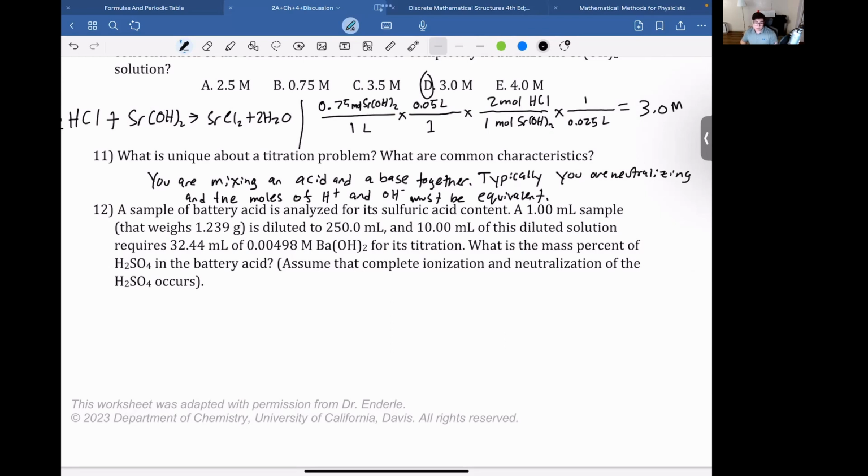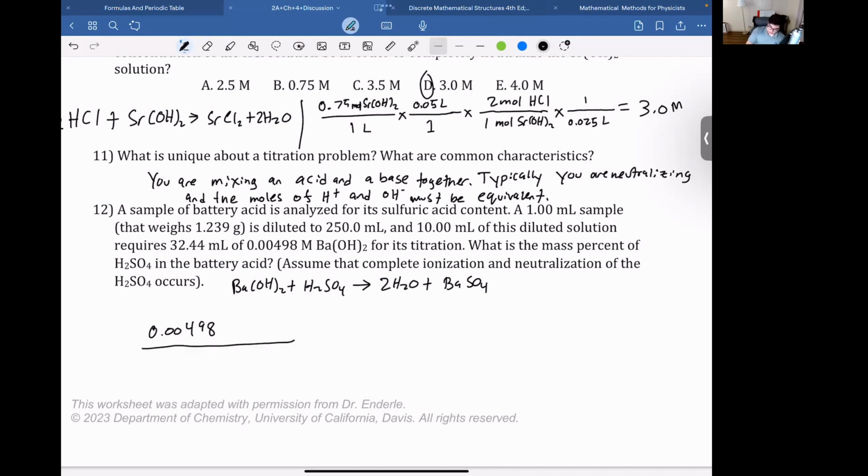So first, we're going to work backwards from barium hydroxide. This is how much barium hydroxide I use. And let's also write the equation out. Like that. That'll be useful in a second.